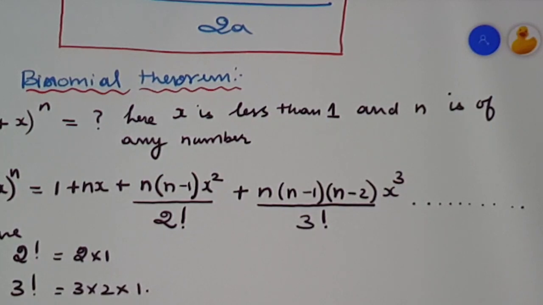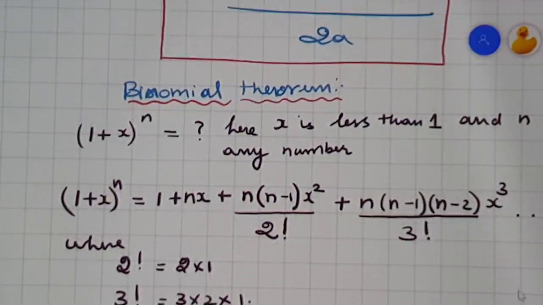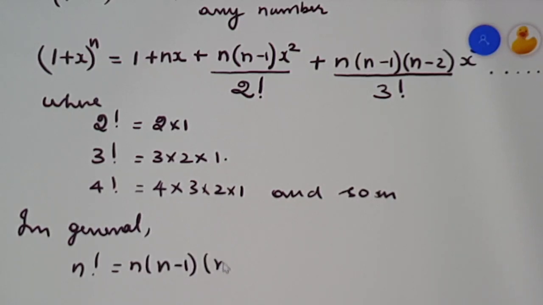If it is going on like this, how can I write it in general? In general, what is the value of n factorial? I can write in general n factorial is equal to n into (n minus 1), (n minus 2), (n minus 3), like this it goes on. This we call the factorial of n, or I can say n factorial.